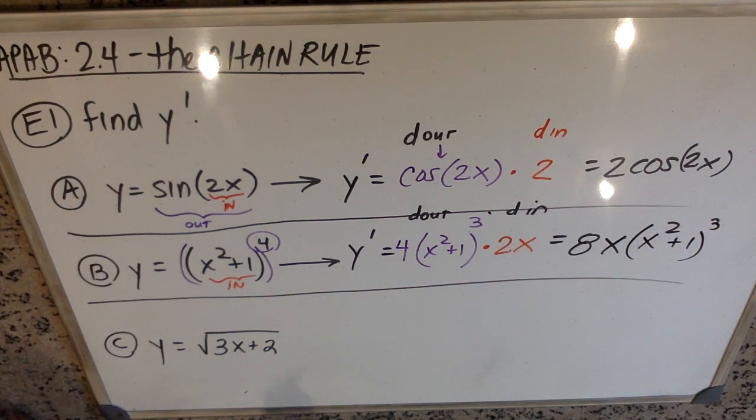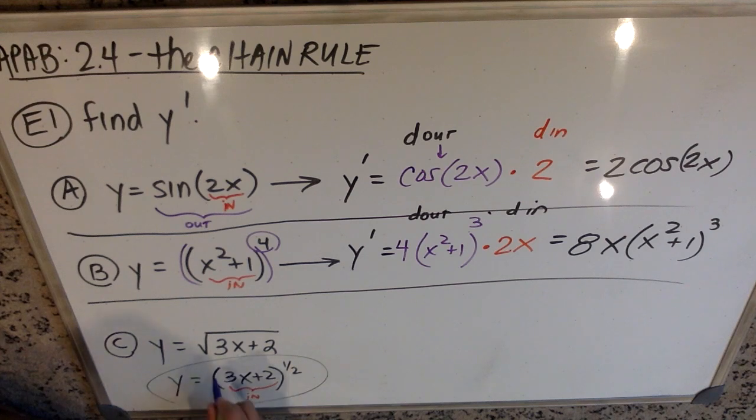Now, before I do C, it's helpful to recognize that C is a little easier if I rewrite the root as a 1/2 exponent. The inside function is the 3x plus 2, and the outside function is that stuff to the 1/2.